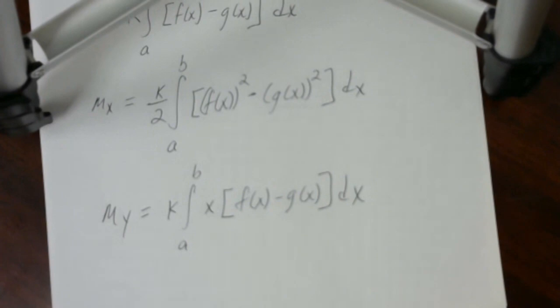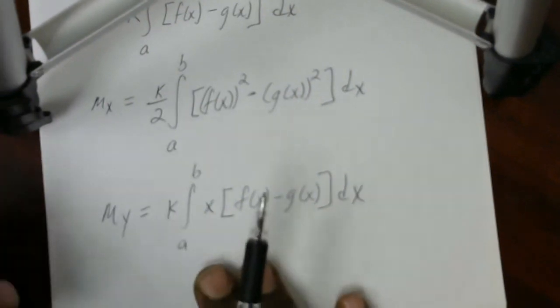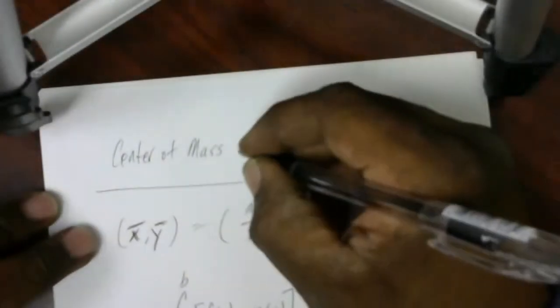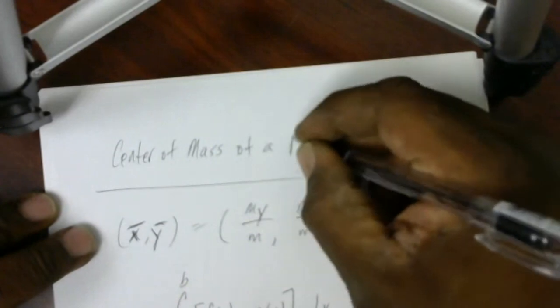So in order to find the moment about the y-axis, there is an integral versus simply multiplying the mass times the x coordinate. And this is to find the center of mass of a region.